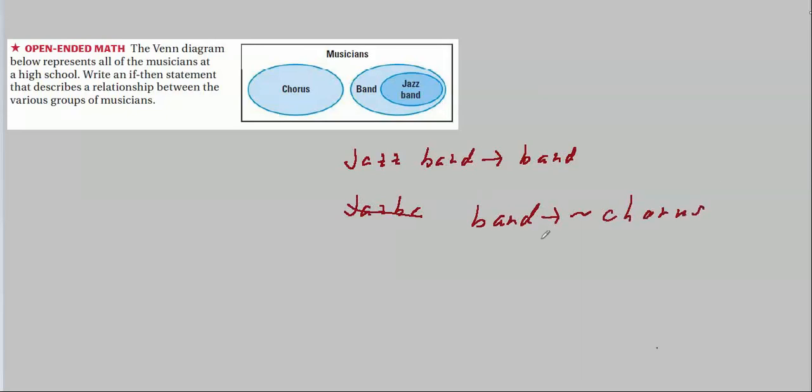Or, another conditional we could write is not chorus implies not band. But, since, pardon me, implies not band, and not jazz band. You can do it that way, I guess.